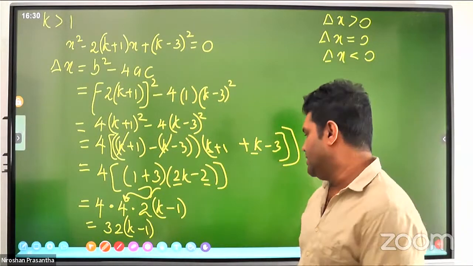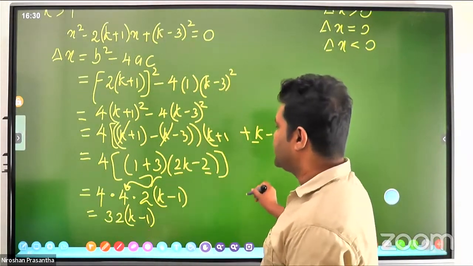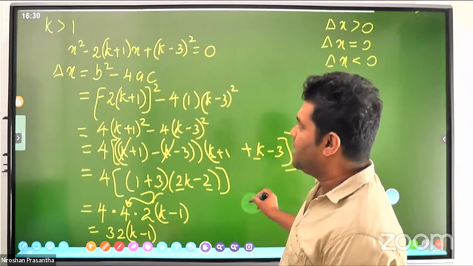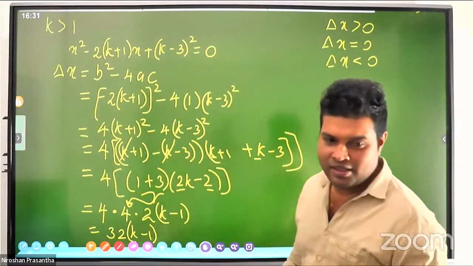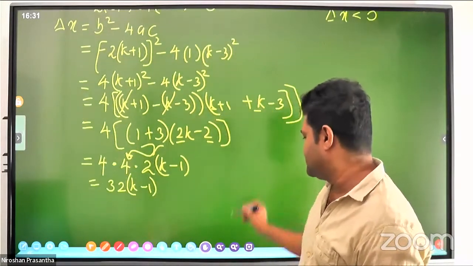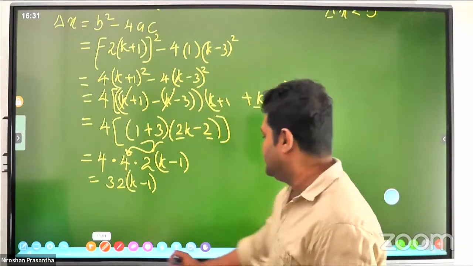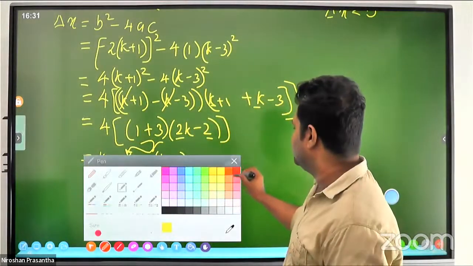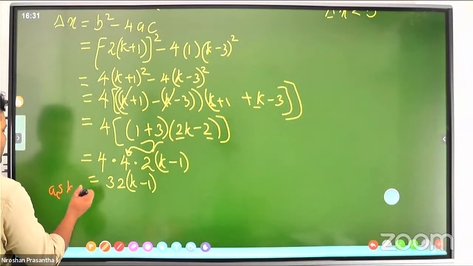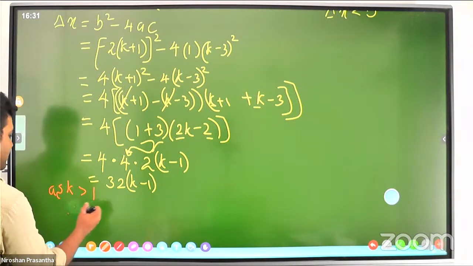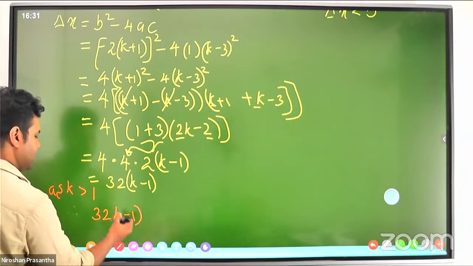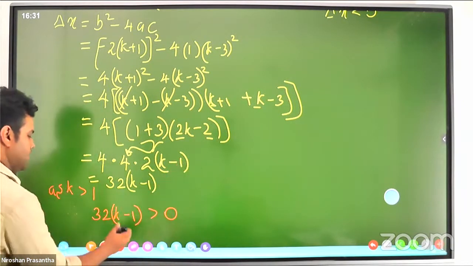Now tell me what's happening. In the beginning, k is greater than 1. As k is greater than 1, 32(k − 1) is positive.